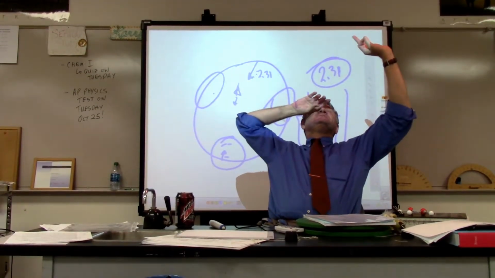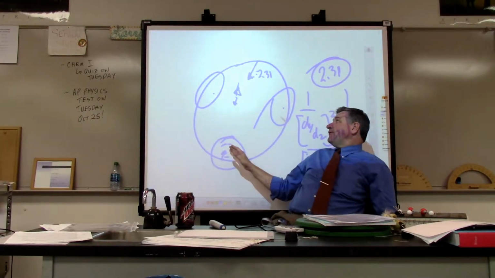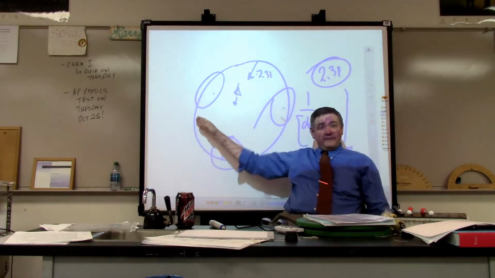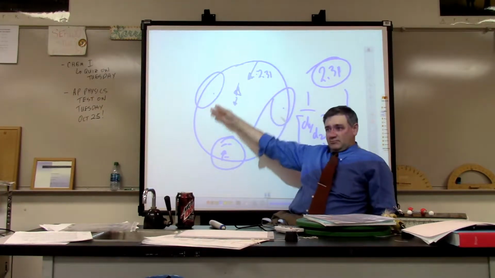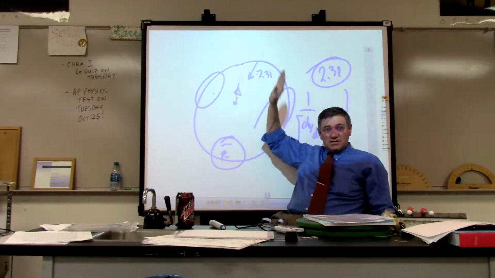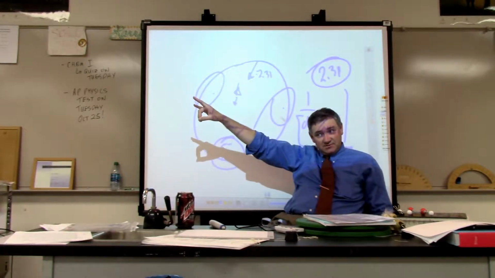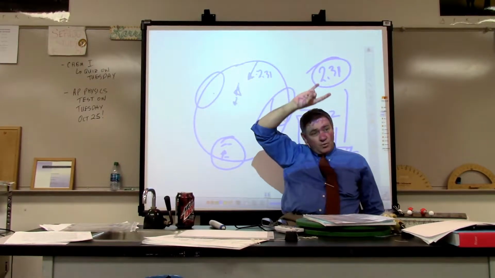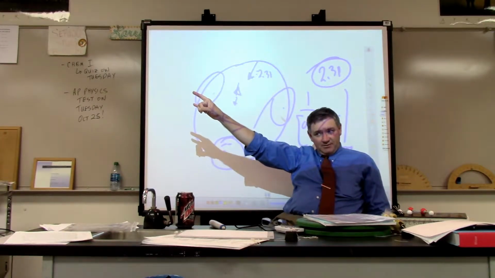Okay, so at this point, what you should have is 4 rough vectors, relative units of force. You should have 2 distinct points, one where it's going fastest, one where it's going slowest. And then you should have 1 region where it's speeding up, and 1 region where it's slowing down.